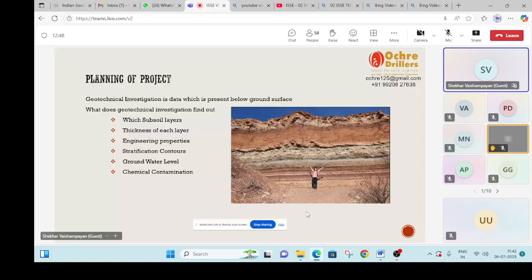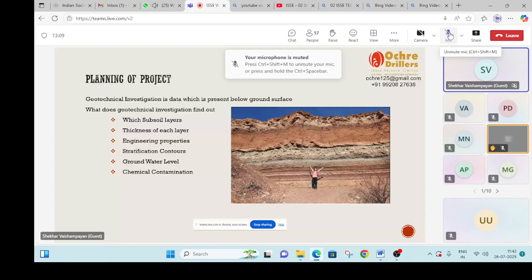There may also be a possibility of high organic deposits. If organic contents are there, they will tend to form sulfuric acid and other deleterious chemicals like chromium, strontium, barium, fluorine, and so on and so forth. Lead, not to forget the lead, and they can also cause damage to human habitation. So chemical contamination also becomes an important aspect.